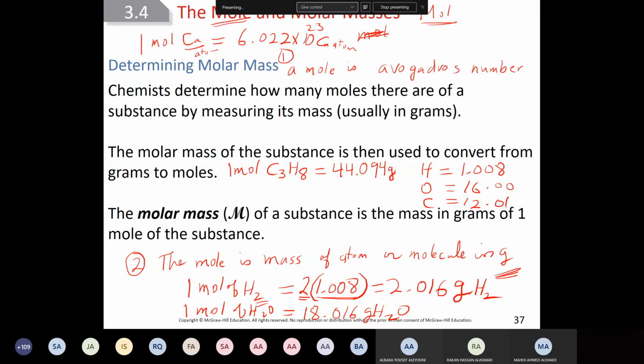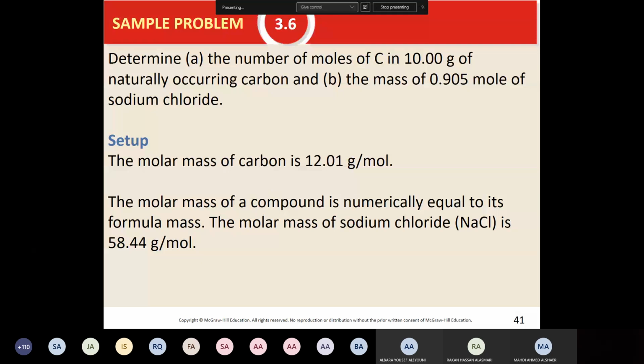Gram what? C3H8. You have to put the whole unit. So the mole has two definitions: the atomic mass in gram or Avogadro's number. Clear? Now, from this, we can change from one thing to the other very easily.